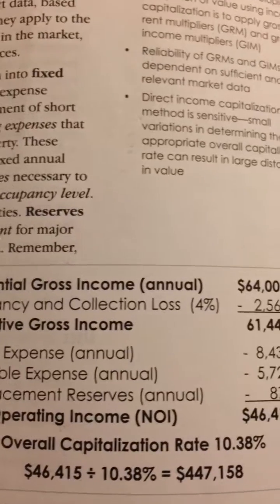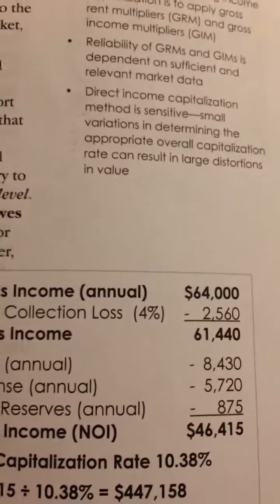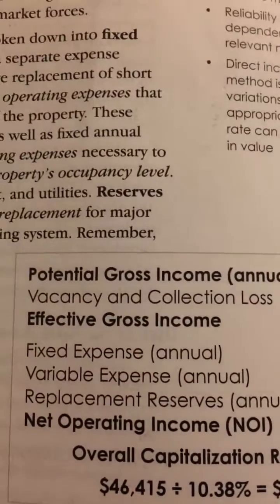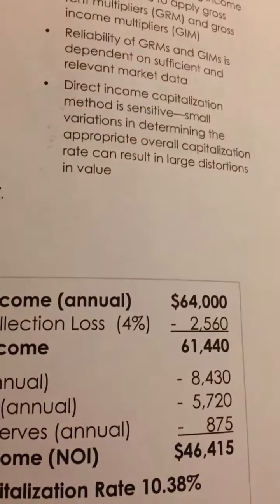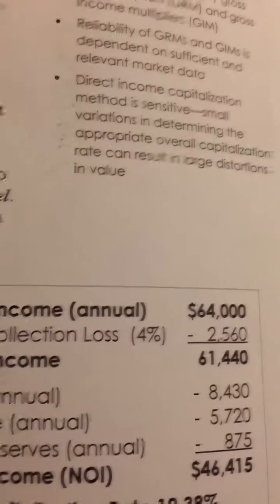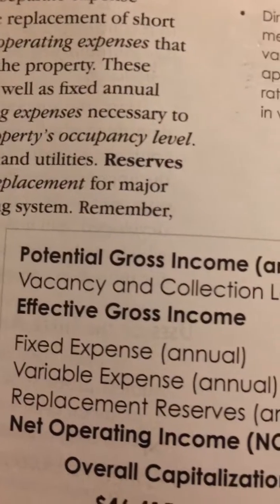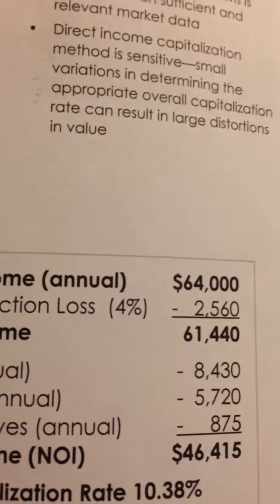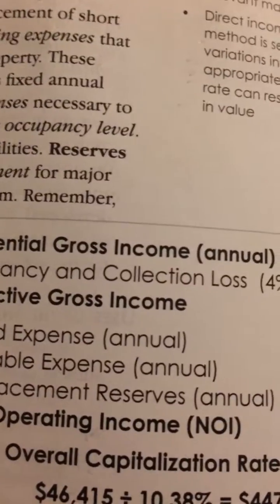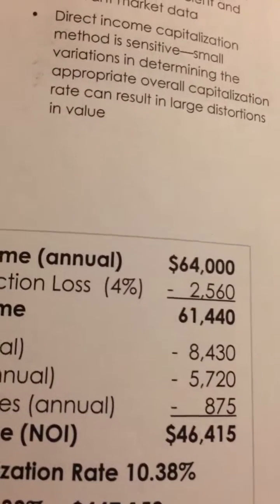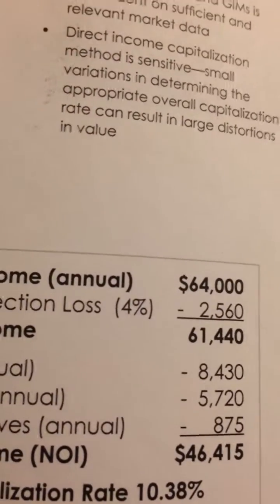Potential gross income, annual: 64,000. Vacancy and collection loss, 4%: minus 2,560. Effective gross income: 61,440. Fixed expense, annual: subtracted 8,430.